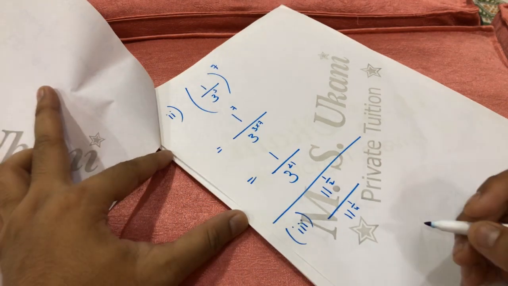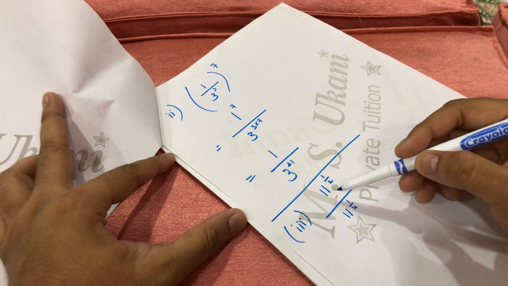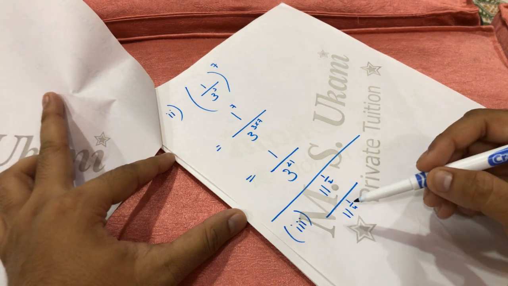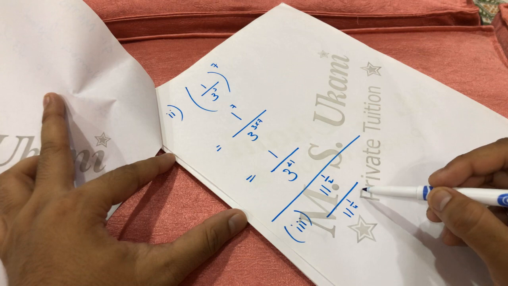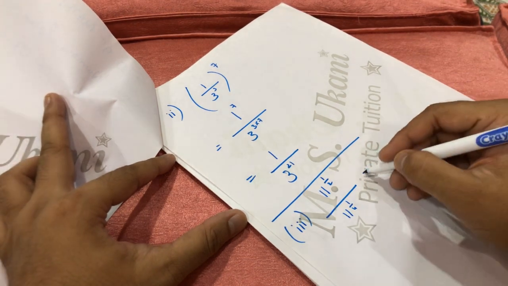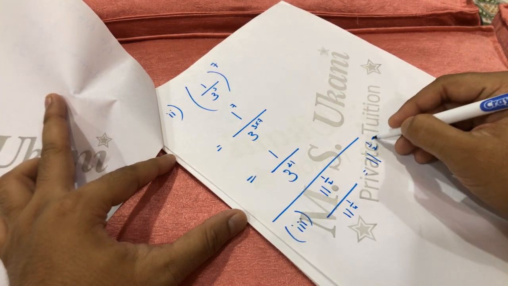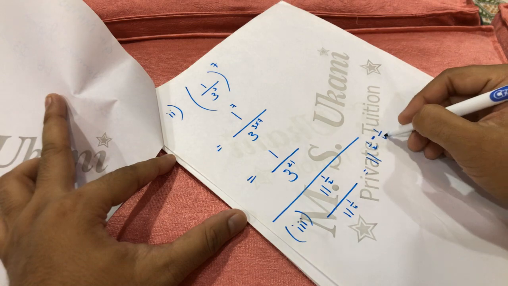Here you observe that the division sign is there. The base is the same, but the division sign is there, so the powers will be subtracted. So here we will write: 11 raised to 1 upon 2 minus 1 upon 4.